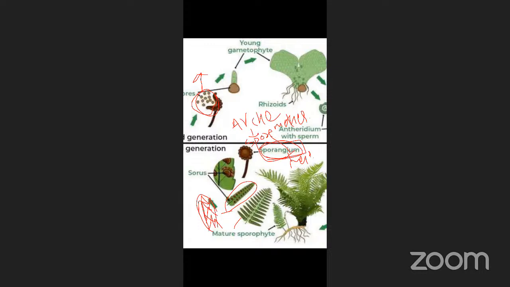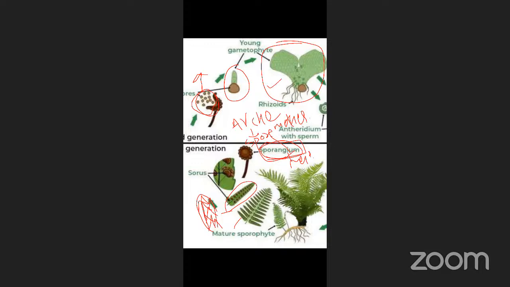Right, haploid. Now these haploid spores, after being released and finding sufficient place, germinate into a young gametophyte. Just as in bryophyta, the spore develops into a gametophyte, right? Yes, sir.